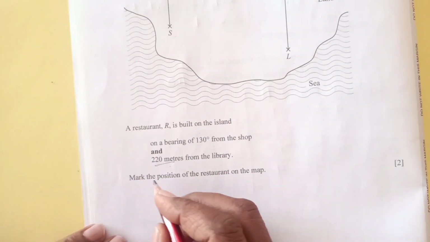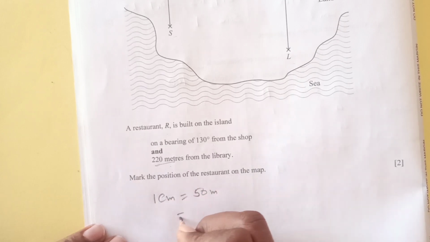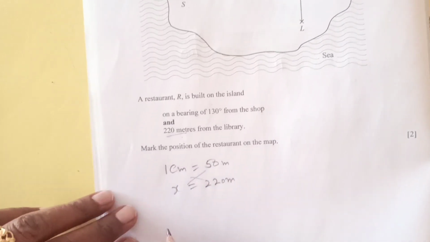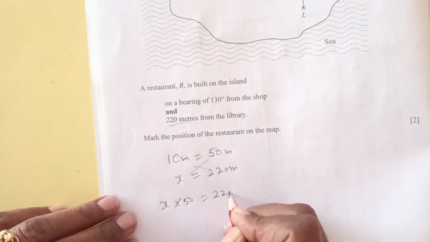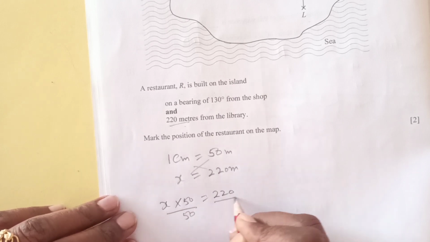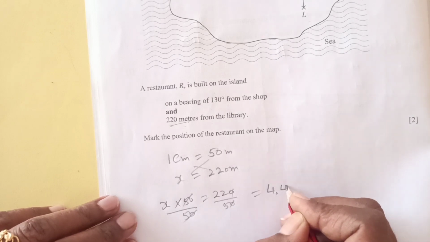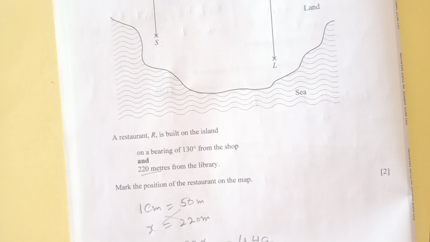So let's see the distance. 1 centimeter is equal to 50 meters. So 220 meters is equal to what? x times 50 equals 220, divide by 50, so this is 4.4 centimeters. So we need a distance of 4.4 centimeters.